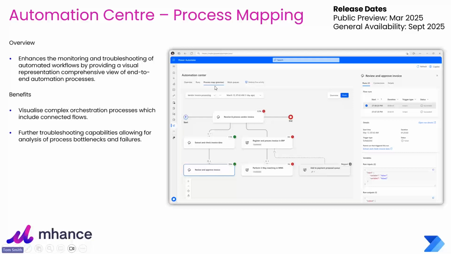The idea is for more complex scenarios, where you've got parent and child workflows that trigger one another, and it can be quite hard to visualize where the parent orchestration flow has then triggered several connecting child flows.